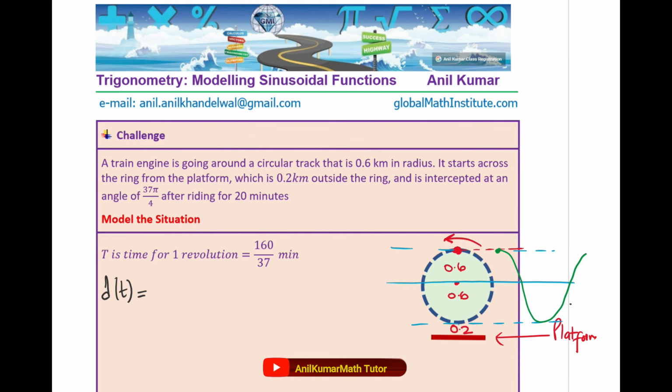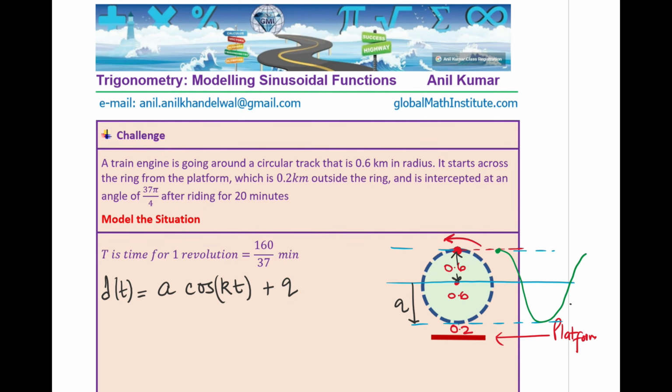Now, amplitude in this particular case is going to be the radius, which is 0.6. So in general, let me write this as A cos of kt plus axis, let's say q, where q is this distance from the platform we are taking.